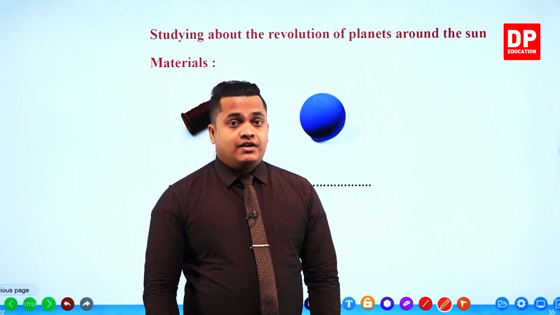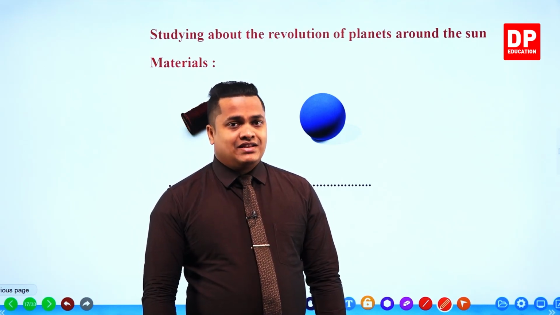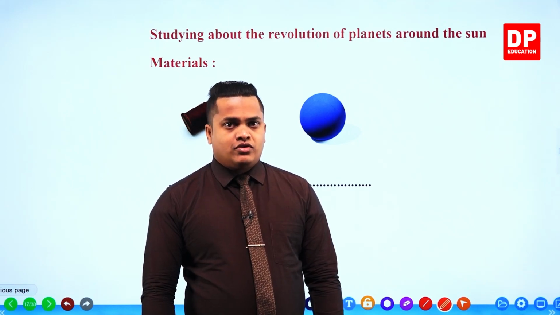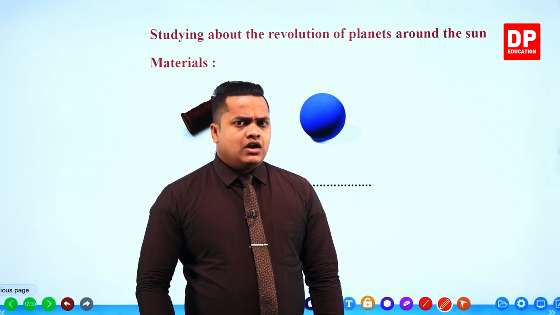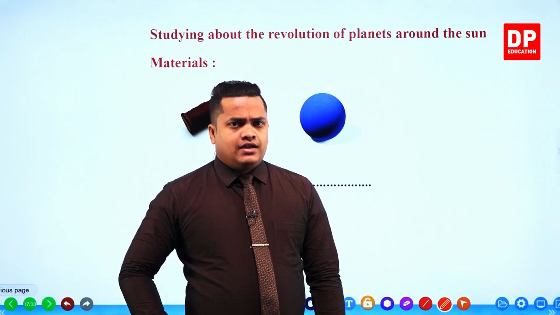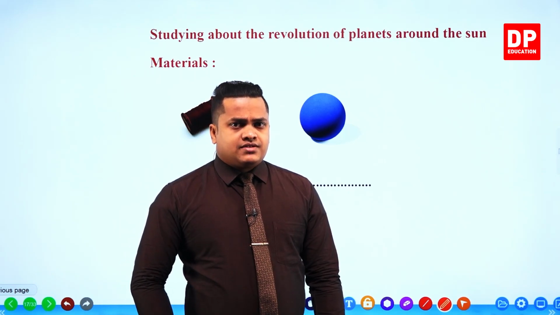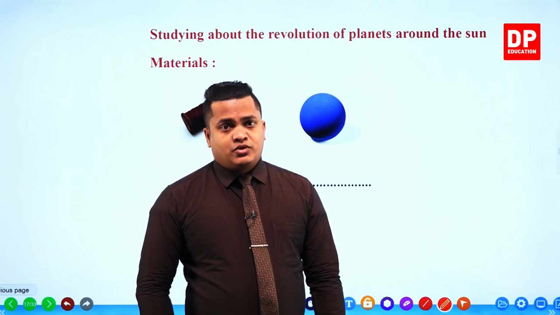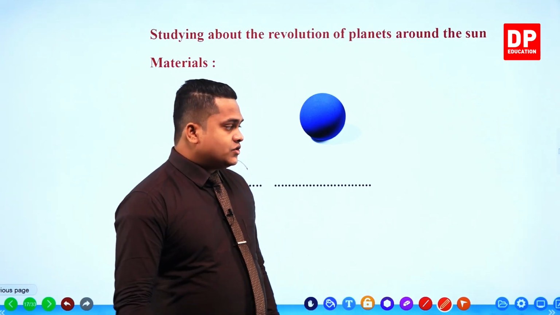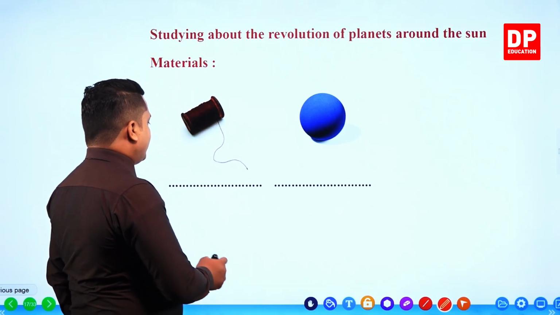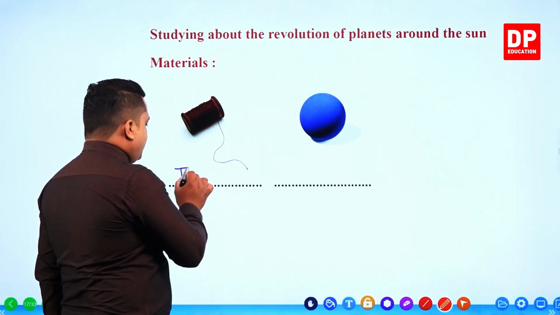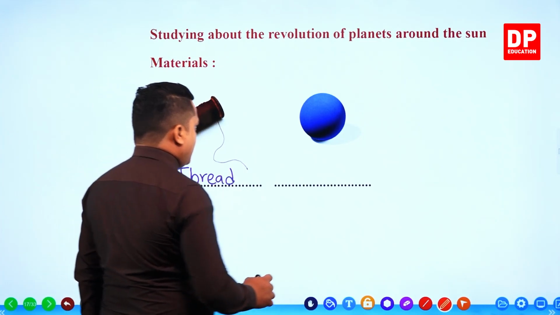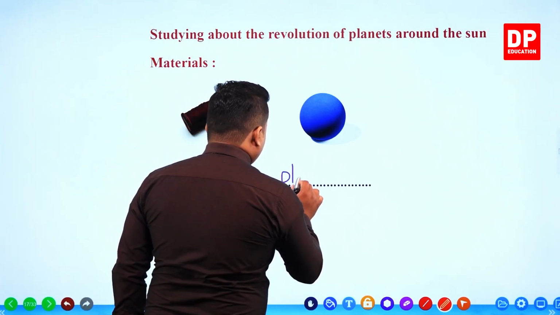First of all, we'll write down our materials, my dear children. We'll be conducting this activity at our laboratory also. First of all, we'll observe the materials which we need, right? The materials: we'll be needing a thread and a plastic ball.